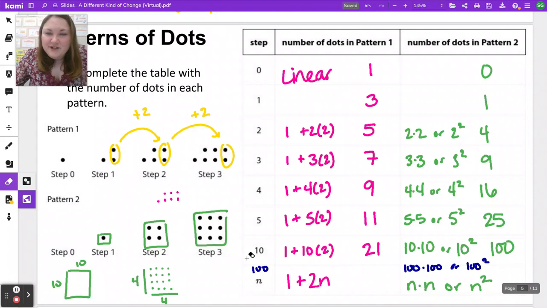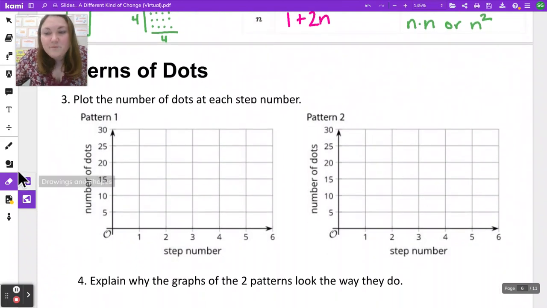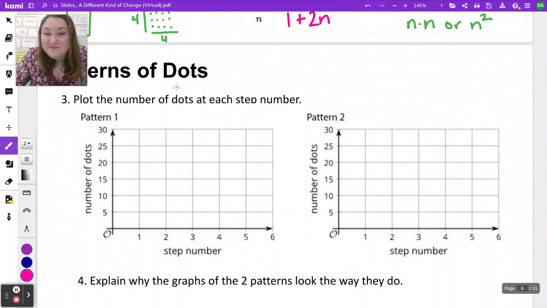There's one final thing we're going to do with this, and that's match it up with a graph. And so I'm going to come down here. Now this first one we already said is linear, so you should be able to predict what it looks like. If it's linear, I know it's going to be a straight line. And when we go to graph it, I know step 0, we said we're starting with 1. And then we said we're adding 2 each time. So step 1, we had down that there was 3.